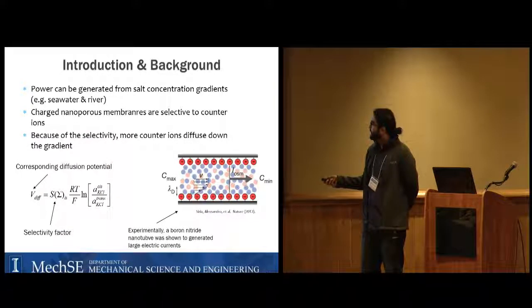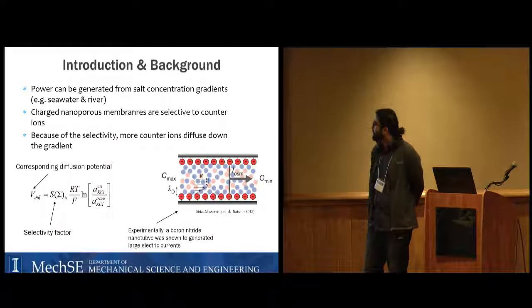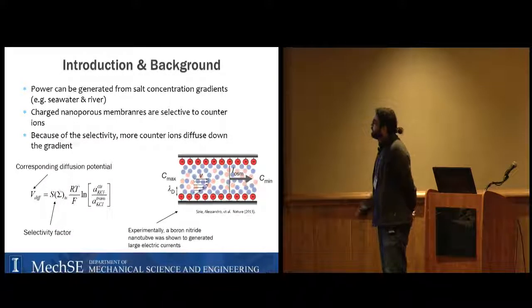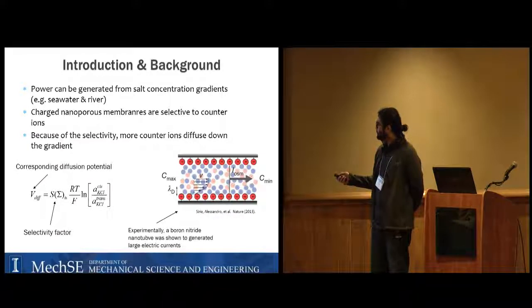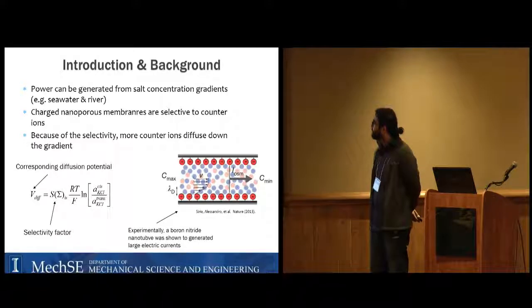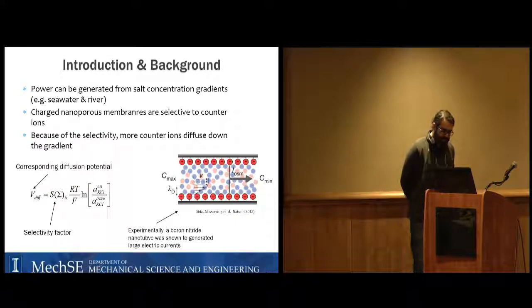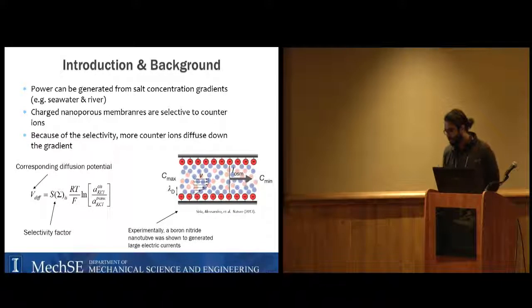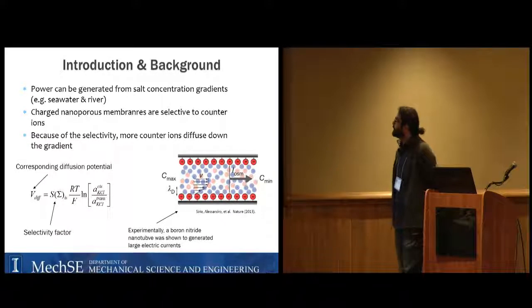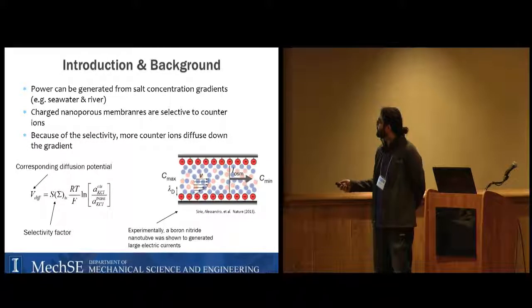The corresponding potential, which is called the diffusion potential, can be obtained from this expression, where S is the selectivity factor, and it's also a function of the concentration in the highly concentrated region and also the low concentrated region.